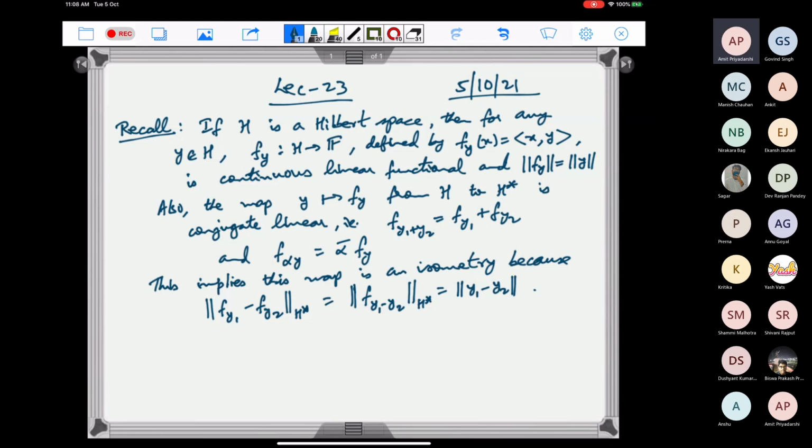So if y1 and y2 are two points, then their images are at the same distance as the distance between y1 and y2 in H.